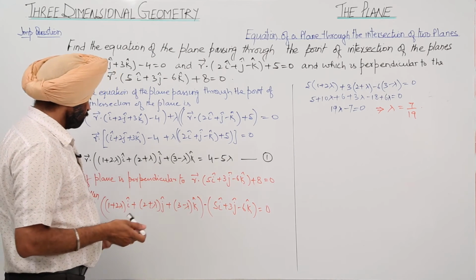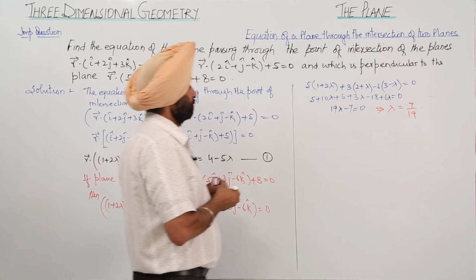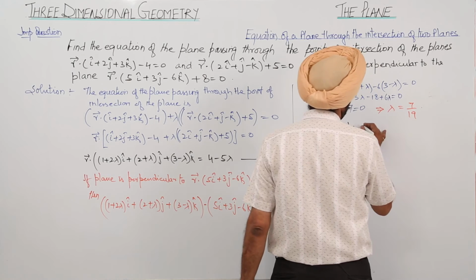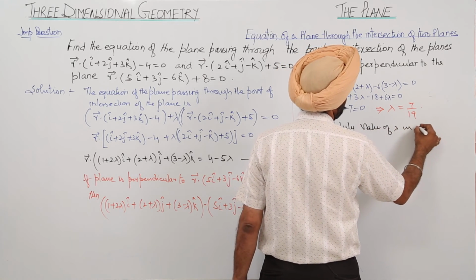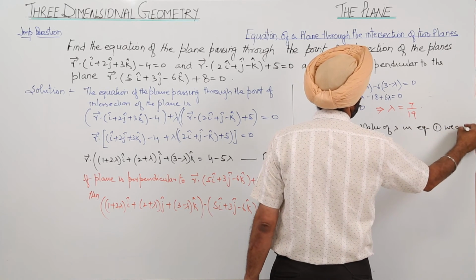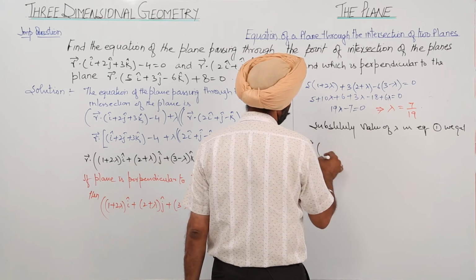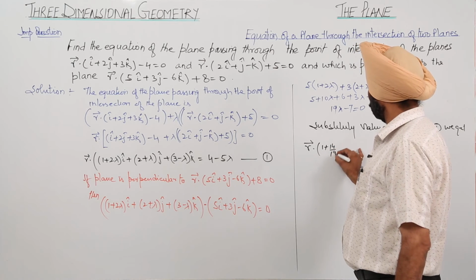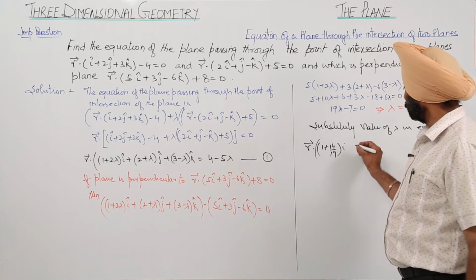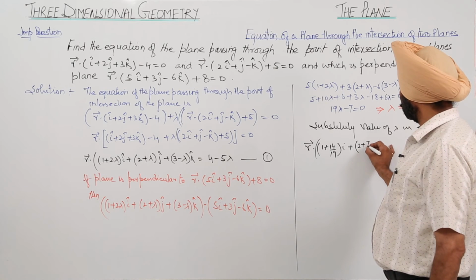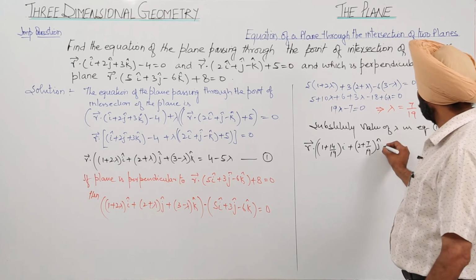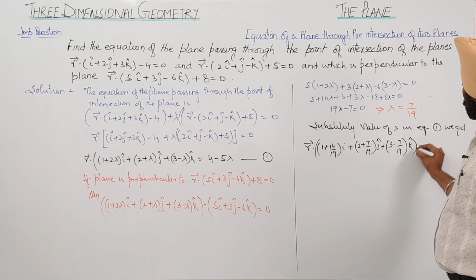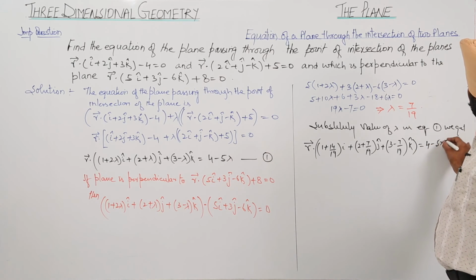Now substituting the value of lambda in equation 1, we get vector r dot, now it is (1 plus 14 upon 19) with i cap plus (2 plus 7 upon 19) with j cap plus (3 minus 7 upon 19) with k cap is equal to 4 minus 5 times 7 upon 19.